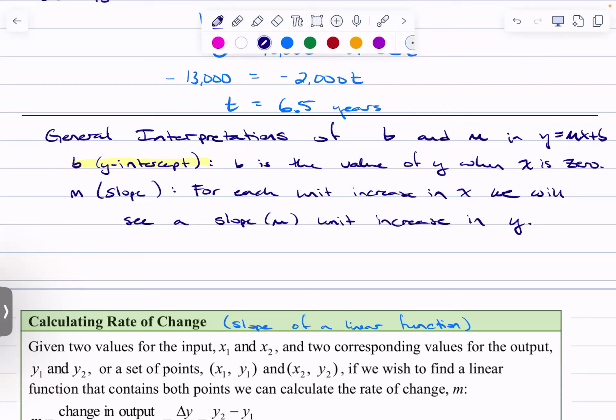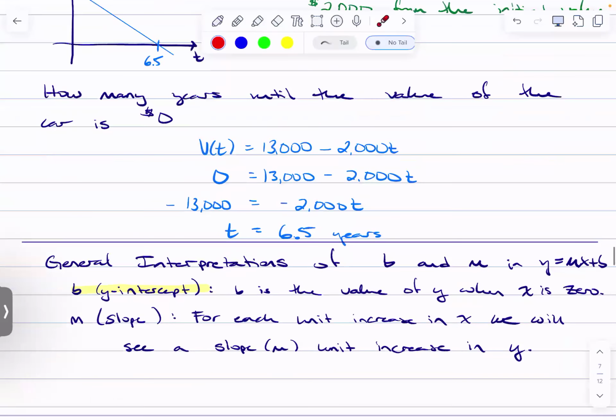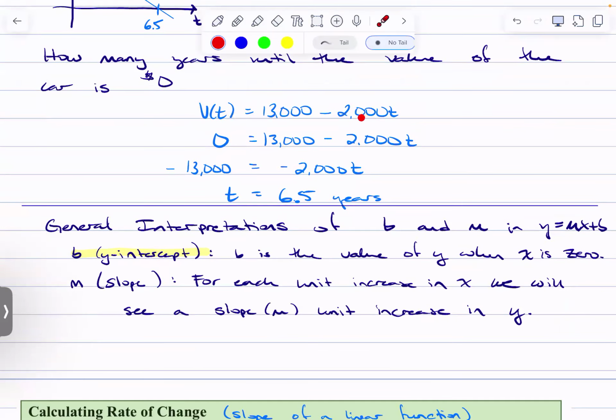Now, I always use the increase, right? So for example, in our value function that we had, how would we interpret this slope? We would say for each unit increase in the number of years, we're going to see a negative 2,000 unit increase in the value of the car.